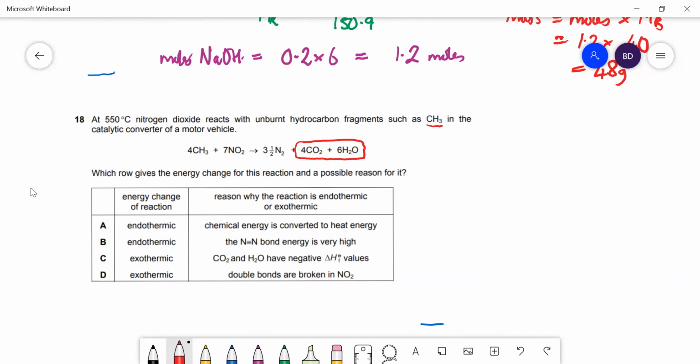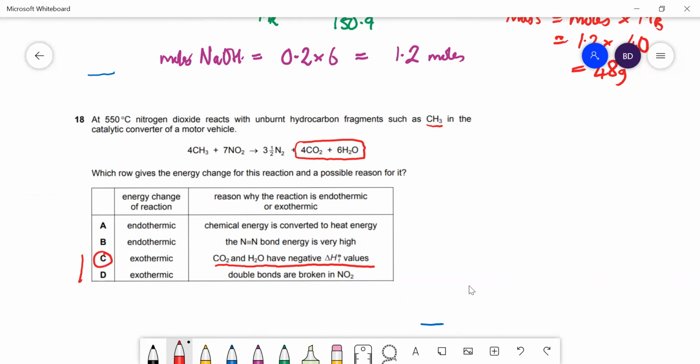Carbon dioxide and water have pretty negative delta HF values, so it's pretty exothermic when you make them. D is obviously a red herring. Breaking bonds would mean it takes in energy, it's endothermic. So C is the answer to that one.